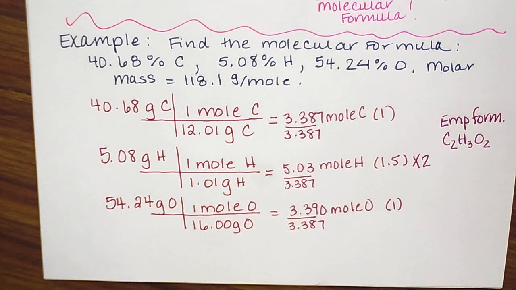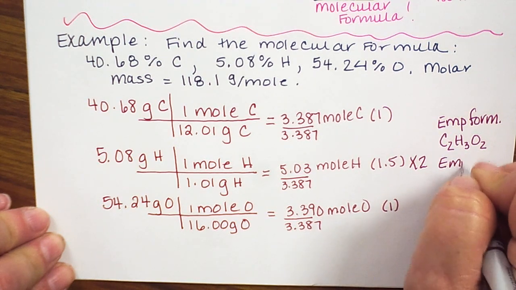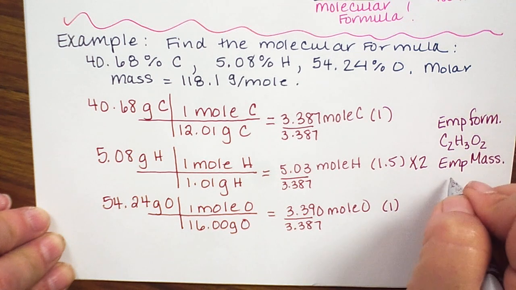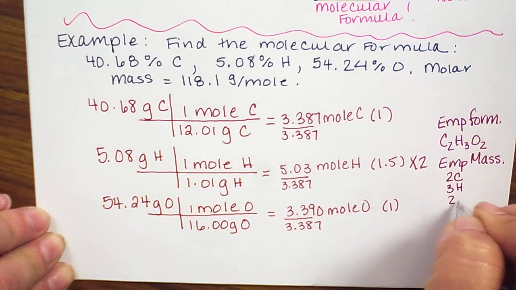But now I need to calculate my empirical mass, because in order to find the multiplier, I need to divide my molar mass by my empirical mass, and that wasn't given in this problem. So I'm going to need to calculate my empirical mass. To do that, I'm going to take 2 carbons, 3 hydrogens, and 2 oxygens.